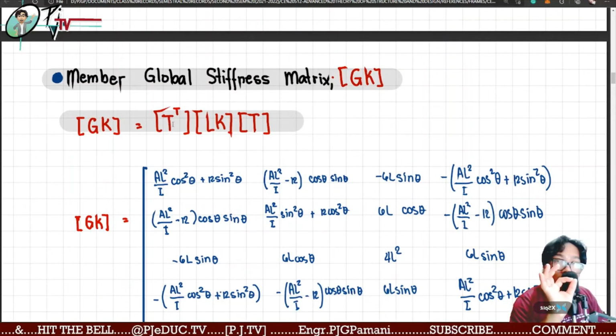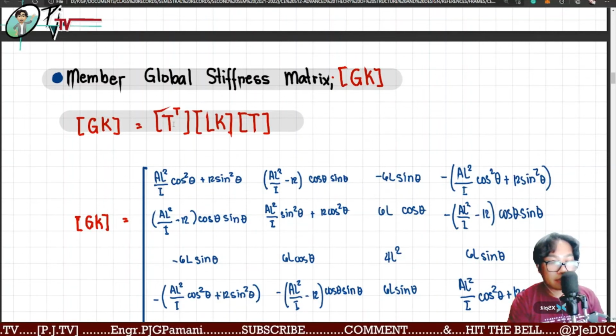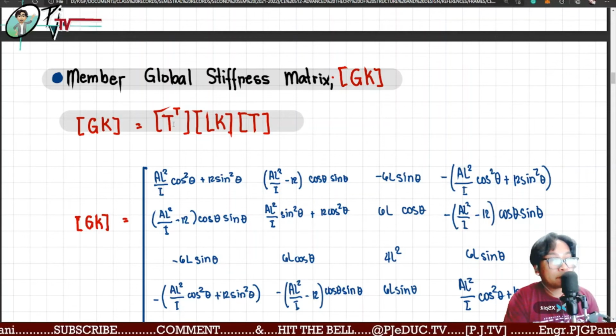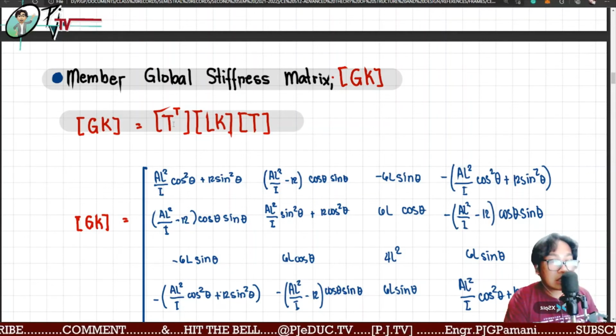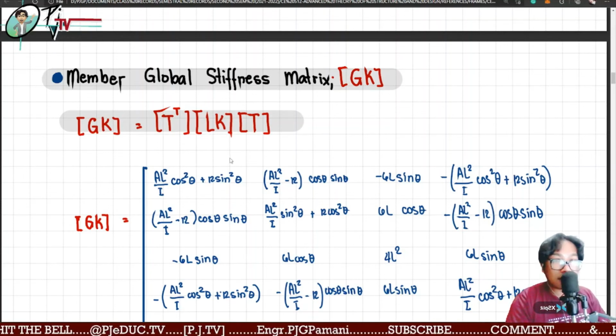Again, solving the global stiffness matrix of a member is simply the product of the transpose transformation matrix times the local stiffness matrix times the transformation matrix of that member.